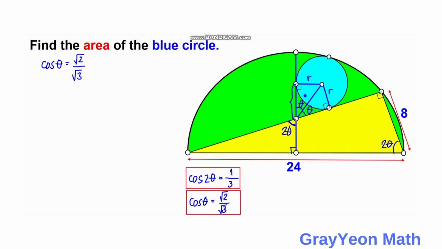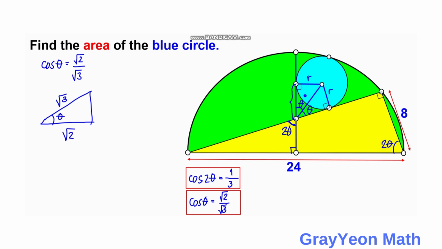Okay, so we continue with what we got: cosine theta is equal to square root of 2 over square root of 3. This implies that if we draw a right triangle, the hypotenuse is square root of 3 and the adjacent side, since this is cosine, will be square root of 2.